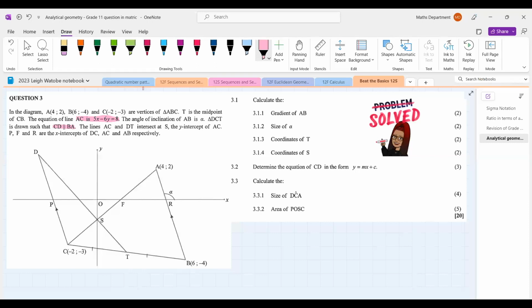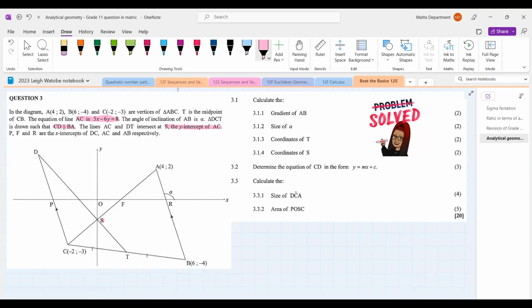The lines AC and DT intersect at S. There's point S over there. And S is also the y-intercept of AC. P, F, and R are the x-intercepts of DC, AC, and AB respectively. Okay, so we've got some x-intercepts as well.